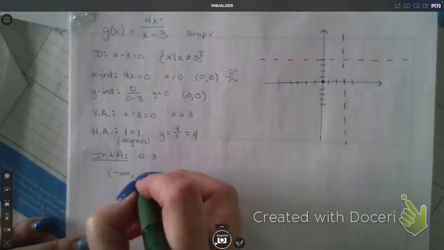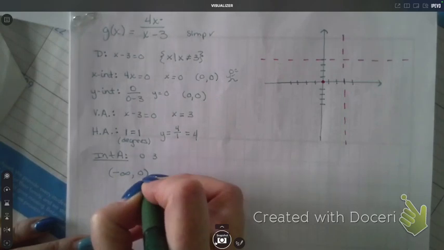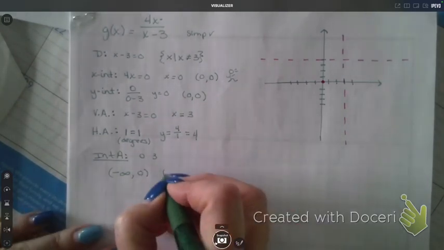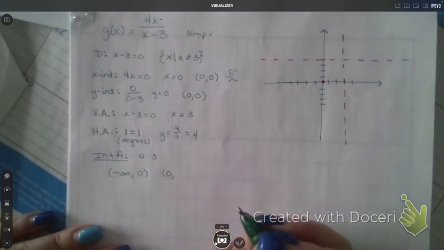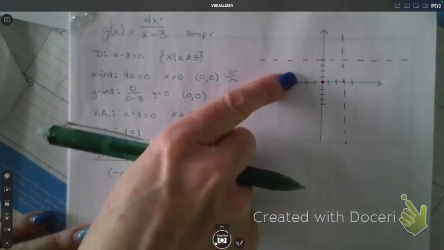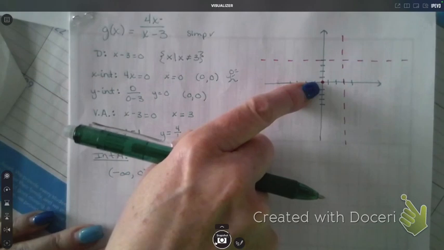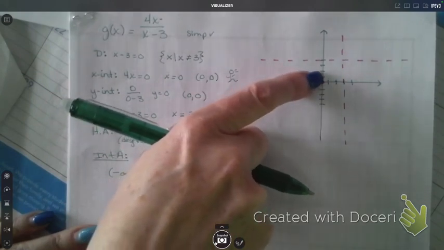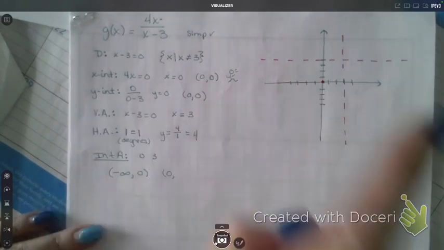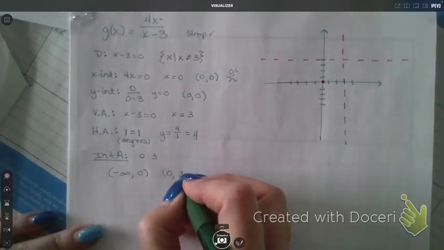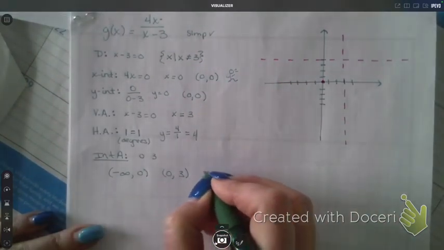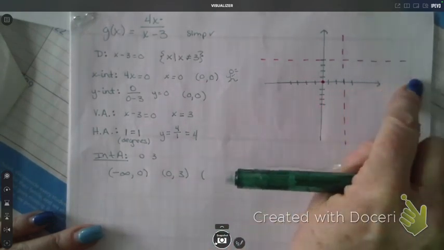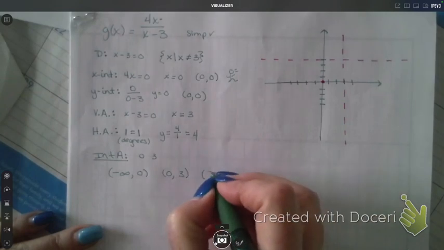So that's my first interval. I get around 0, and I keep walking. I would say that's like a pothole. Then what do I run into again? A wall, a wall at 3, or a fence at 3. I get over that fence, and then do I have anything in my way? 3 to positive infinity.